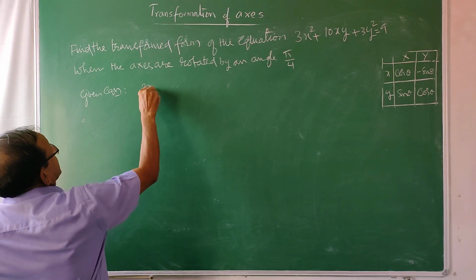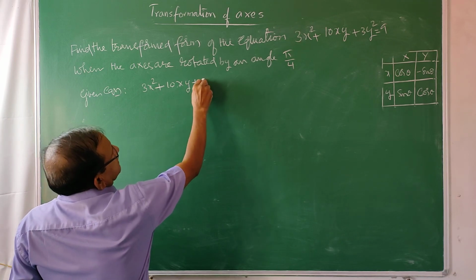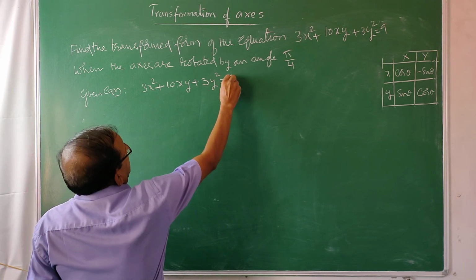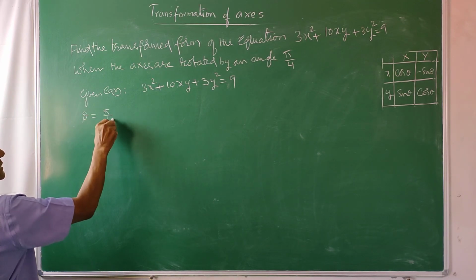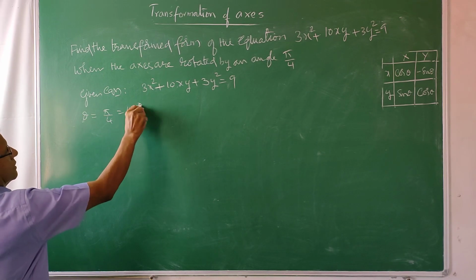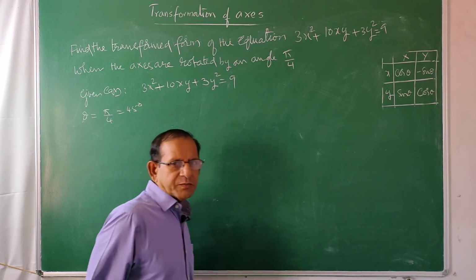3x² + 10xy + 3y² = 9. Theta is equal to pi by 4, that is 45 degrees. Now this is the table for the relation between small xy to big XY.